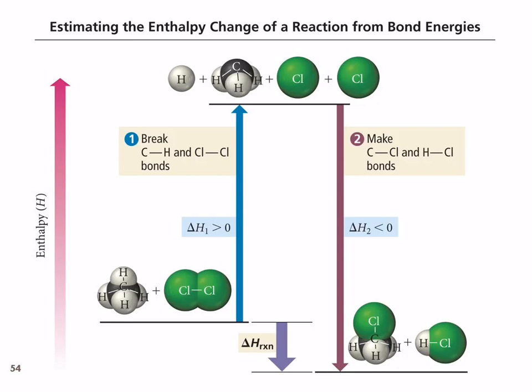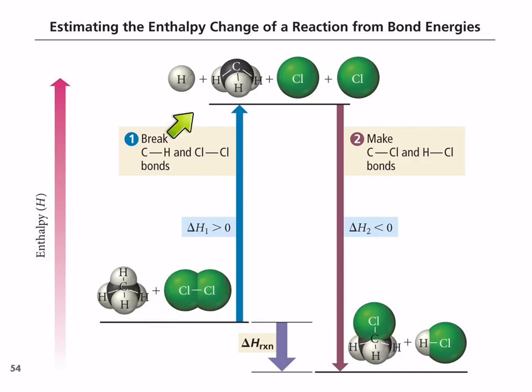So here's an illustration of how we think about this. Say we're looking at the reaction between CH4 and Cl2, and it forms CH3Cl and HCl. We look at this and ask, what has to be broken before these things can be formed? Well, we need to break one of these carbon-hydrogen bonds, and we need to break this chlorine-chlorine bond.